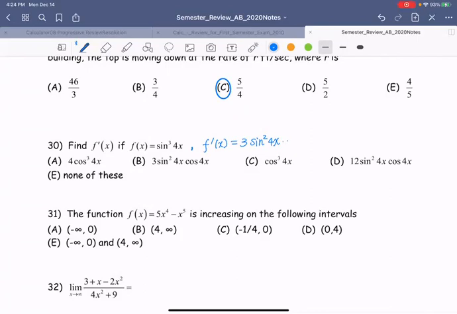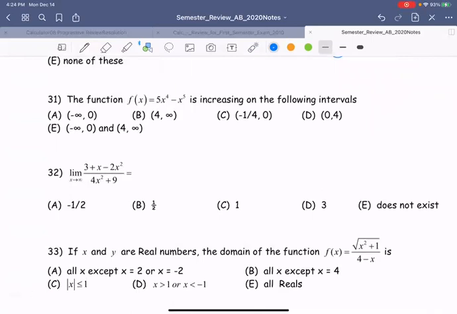No, then it's cosine. Cosine cubed, and 4. Yes. You made it. Okay. Good job. So that's this guy, correct? Yeah.